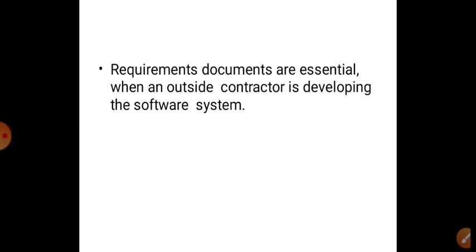So what are the services you want? What functionality do you want? Non-functional and functional requirements, interface requirements, all this should be detailed out. So the software requirement document is important when you are outsourcing the software development part.